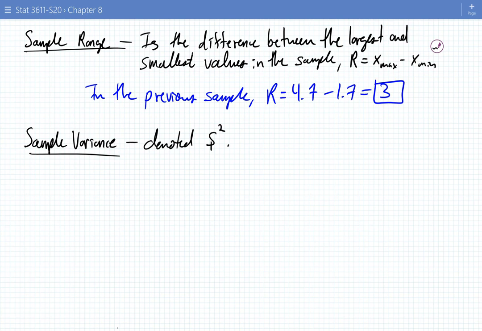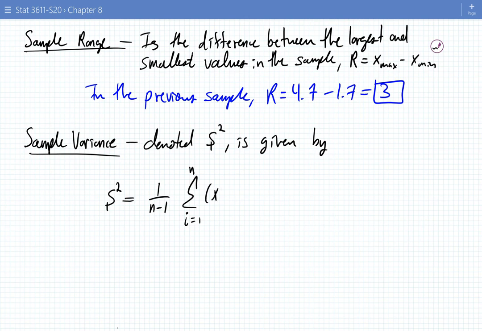We have S squared, and this is given by the following definition, which is going to look very similar to the definition of population variance. We have 1 over n minus 1 times the sum, if we have n observations, i goes from 1 to n, of the difference of each of the xi's minus the sample average x bar, squared.